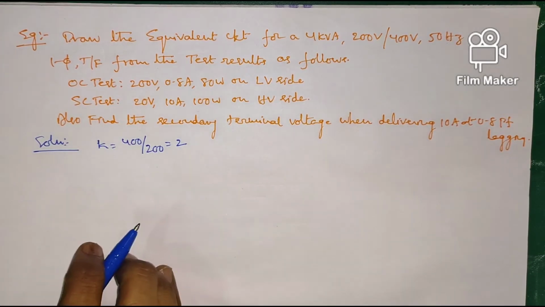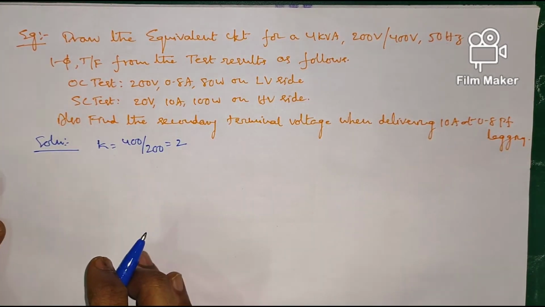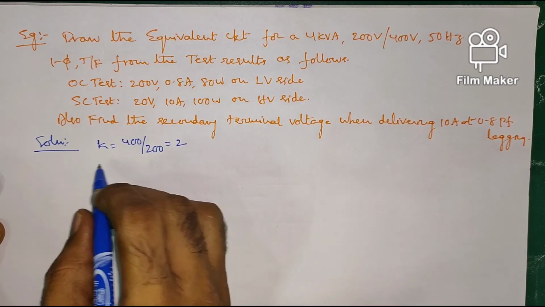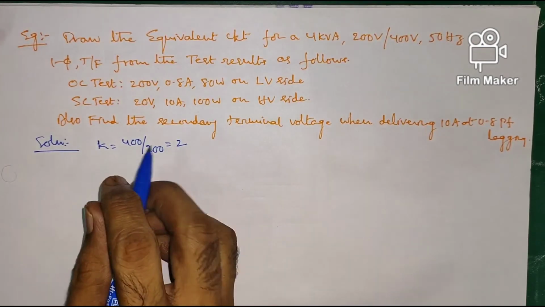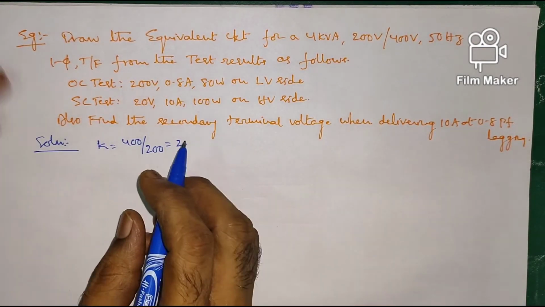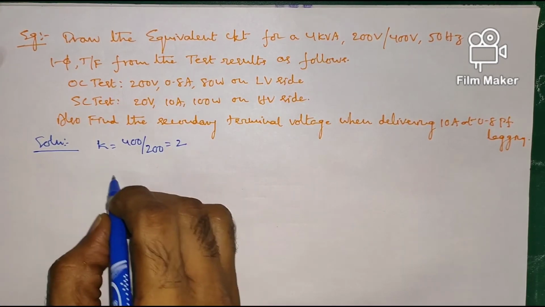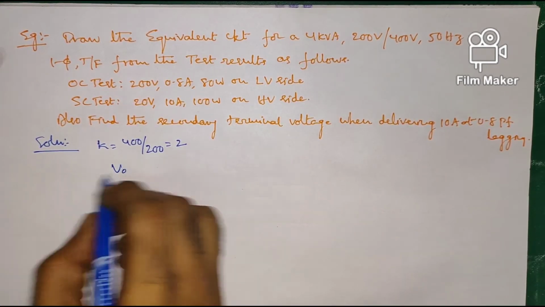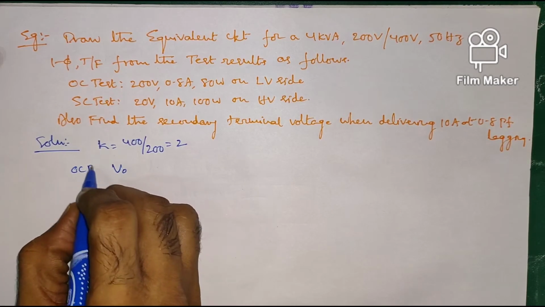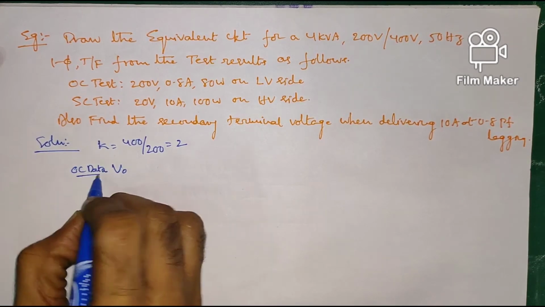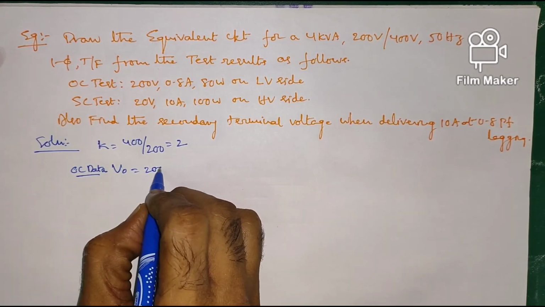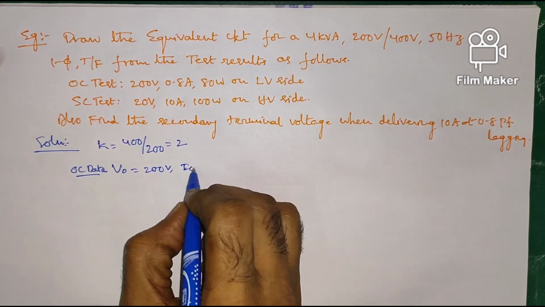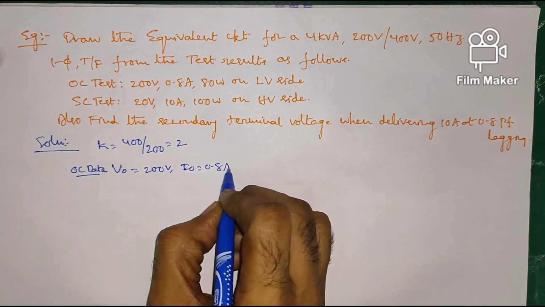And from the open circuit test data, we are given the no load voltage V0 from the OC data, which is equal to 200 volts, and I0 is given as 0.8 amperes.